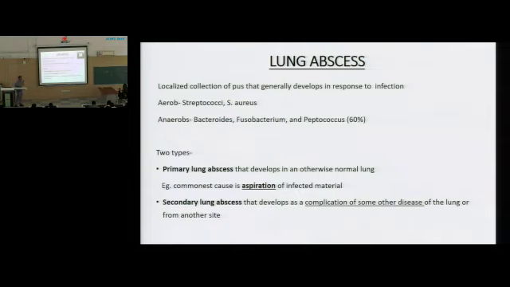We have seen why aspiration occurs and which persons are more likely to develop aspiration. So primary lung abscess can develop due to aspiration of materials or infected particles. And secondary lung abscess develops as a complication of some other disease of the lung or from another site.